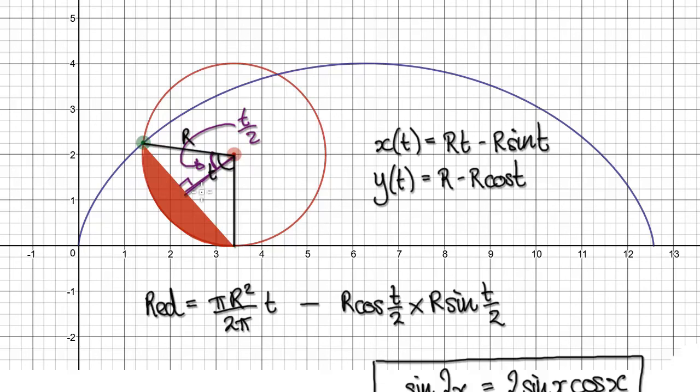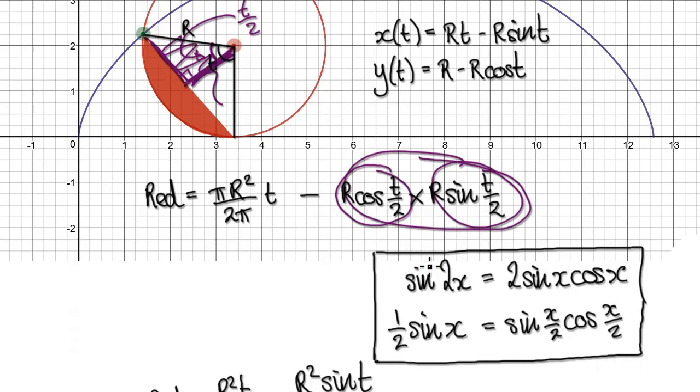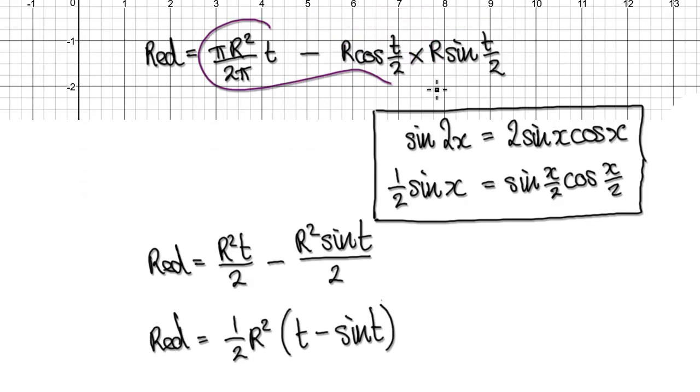So this thing here will be cos, given by this thing here, and then the height will be given by this. So the whole area here is given by this thing here. So the red area is given by this whole thing here.